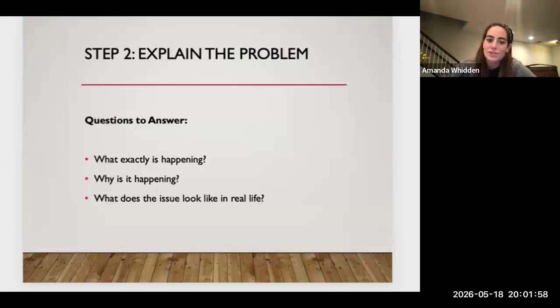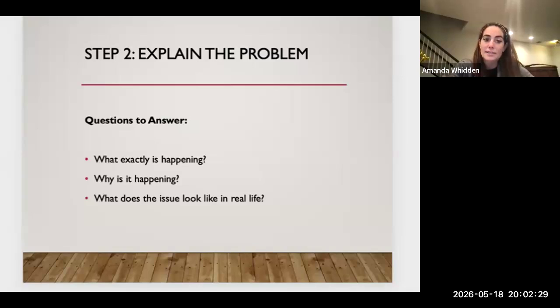You're helping the audience understand how this problem works, how it exists, what it looks like. Not everybody is an expert like you are on this topic, so for them to understand the depth and breadth is for you to explain here. So this step should feel explanatory. It should feel conversational.